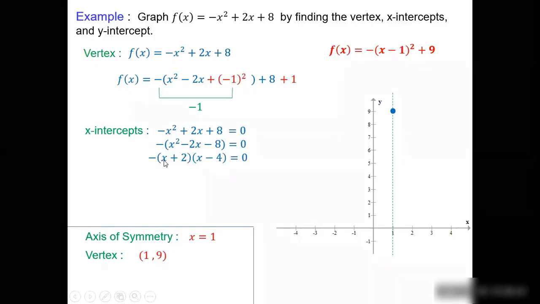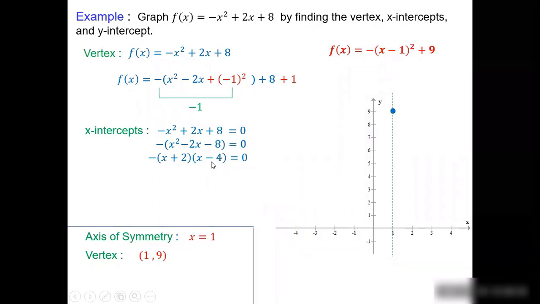I encourage you to verify that by distributing back through and making sure that we get back to the original polynomial. But now that we've separated this into two factors, we can apply the zero product property by setting each factor equal to 0. And that gives me an x value of -2 and an x value of 4.